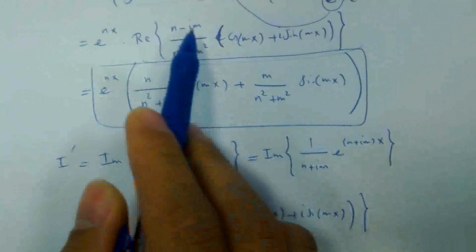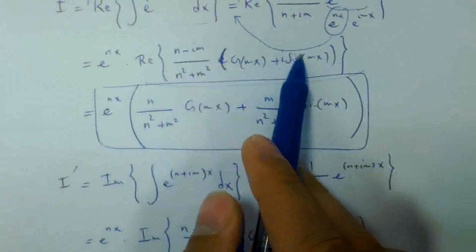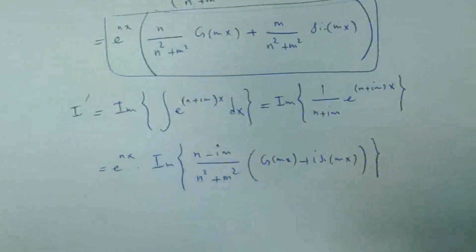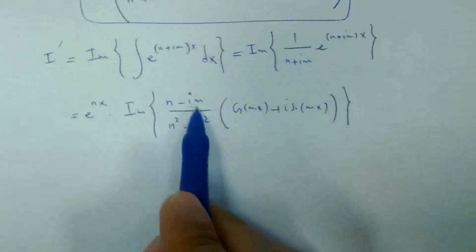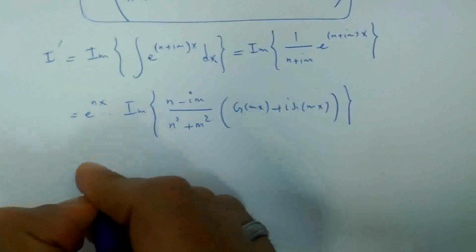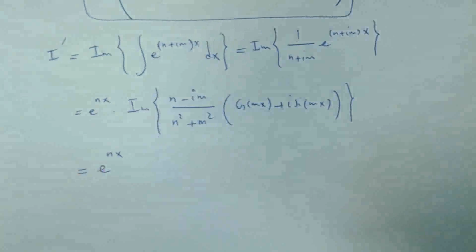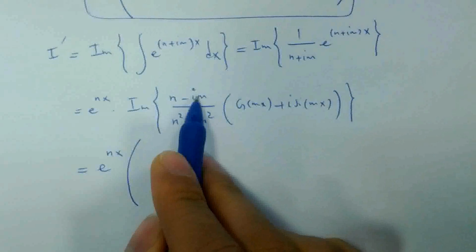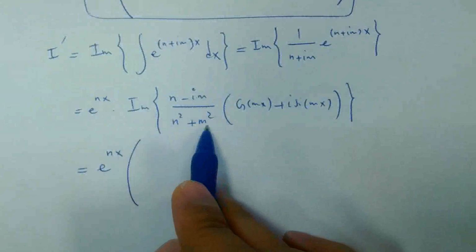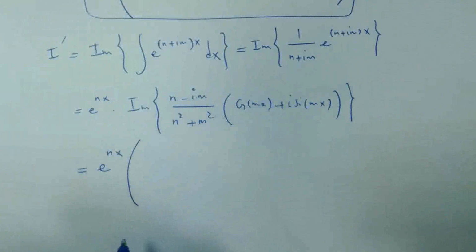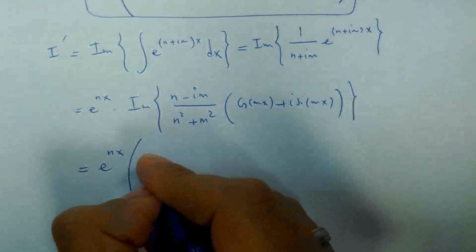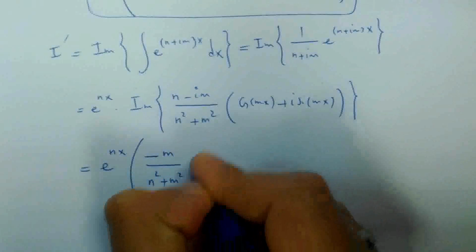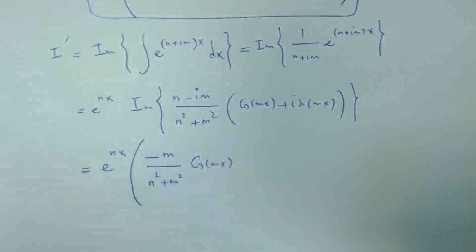This is exactly the same as the previous equation, but that was the real part and this is the imaginary part. The imaginary part of this term is e to nx times minus im over (n squared plus m squared) times cosine mx. So minus m over (n squared plus m squared) times cosine mx.